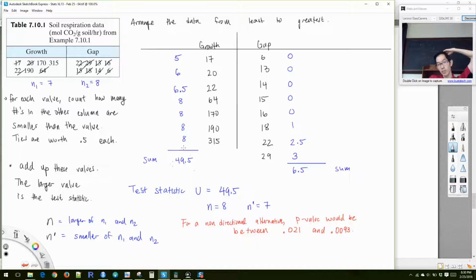The sum for the growth data is 49.5, indicating that there were many more values in the other column that were smaller, and over here this one's only 6.5. So we have a directional alternative, and the directionality is met by our data.